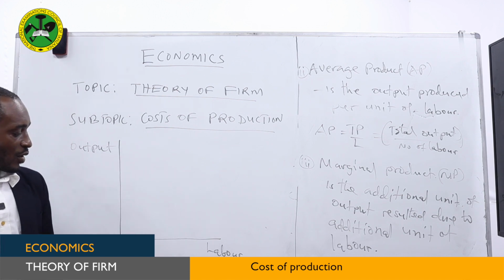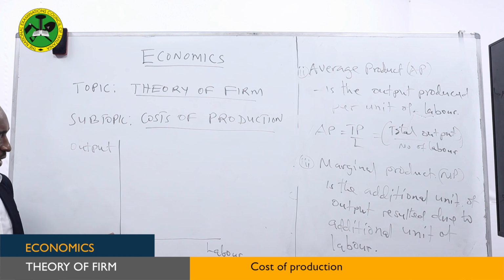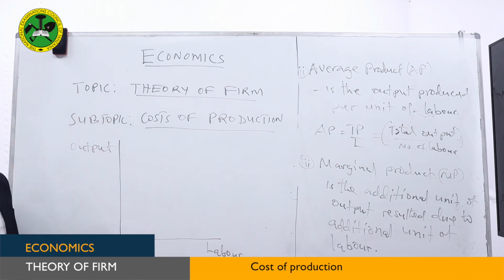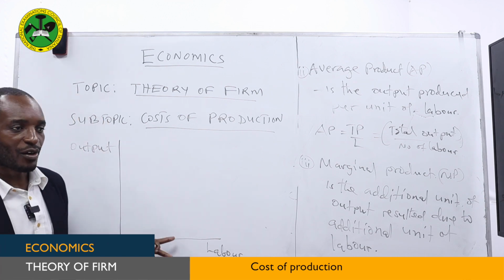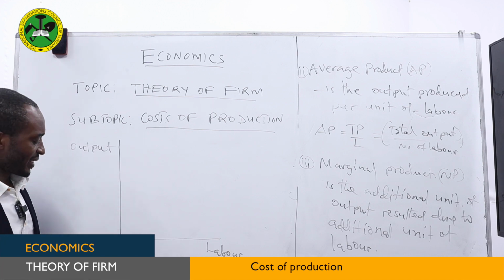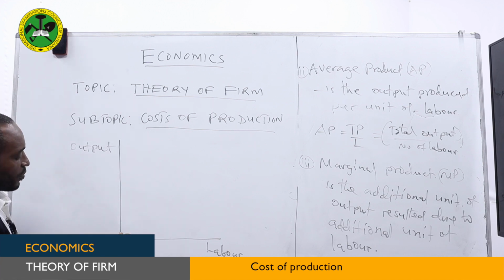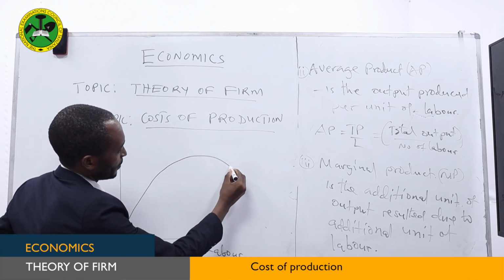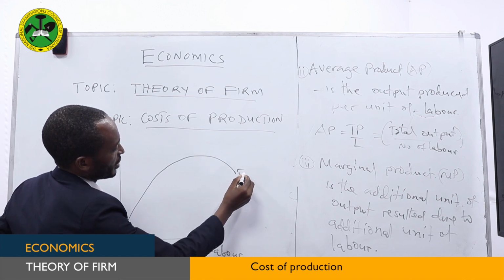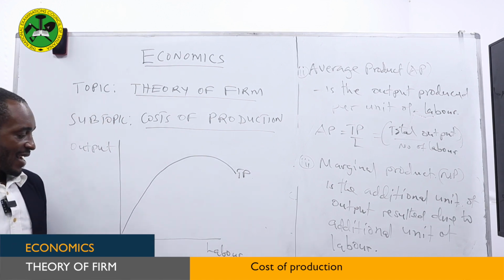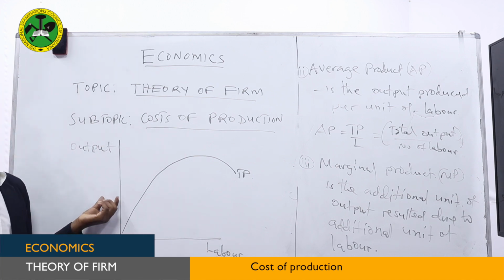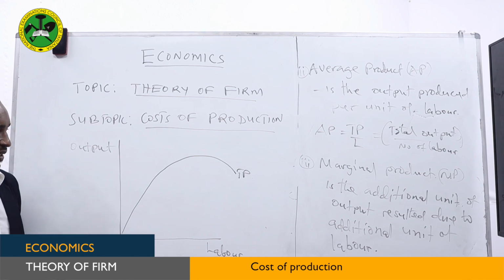If you want to produce output, you need to employ a certain number of labor. As you employ more units of labor, the output produced will also increase. The production curve will be like this one. So this one will be the total product. It means as I employ more units of inputs or labor, the total output will increase.